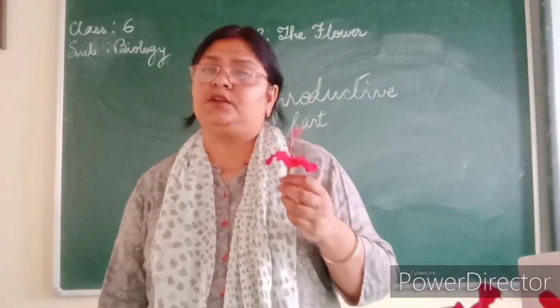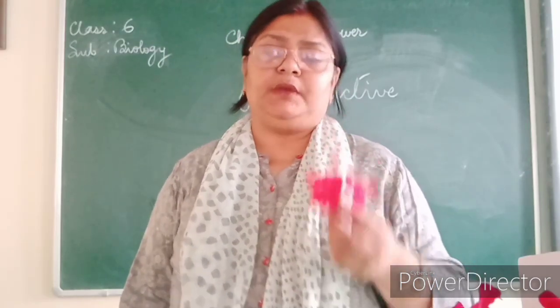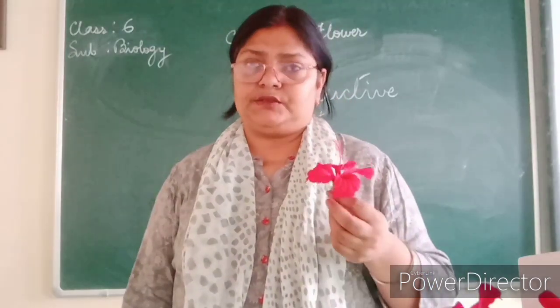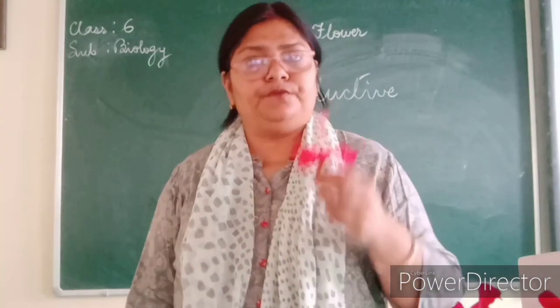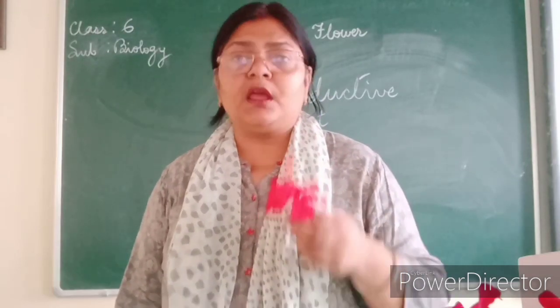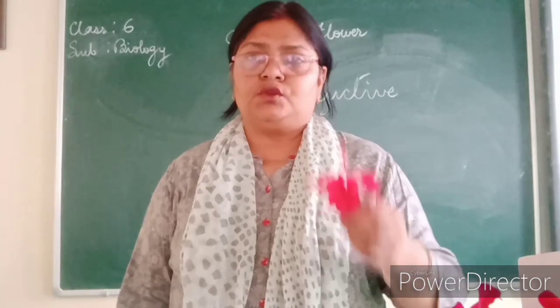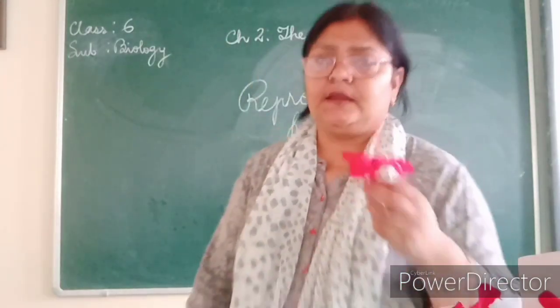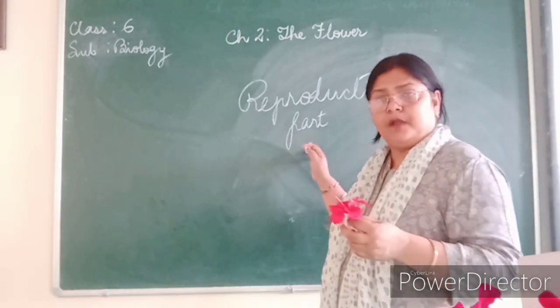Because it is this part of the plant which bears the male and female parts, where there are special cells which fuse, which come together, their cellular material comes together and gives rise to a new life. So therefore we say that the flower is the reproductive part of a plant.